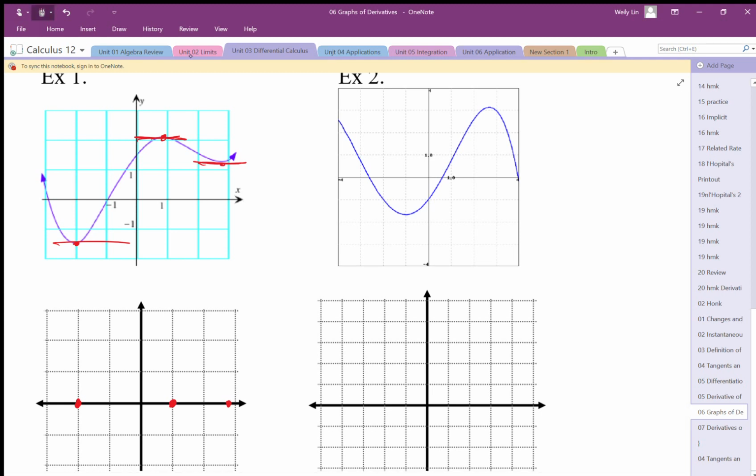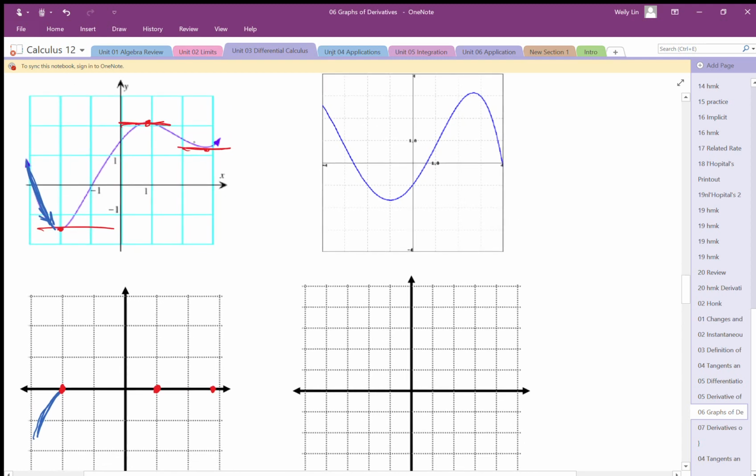Next I'm going to look for negative slopes. Here is negative slopes going to 0. It starts negative and flattens out, so it goes up and hits that 0 there. I have negative slopes between here and here. It goes negative, a little bit more negative, and then comes back to 0.